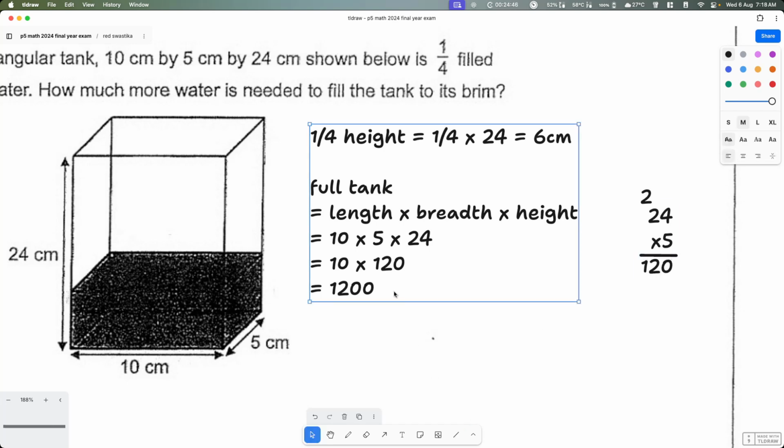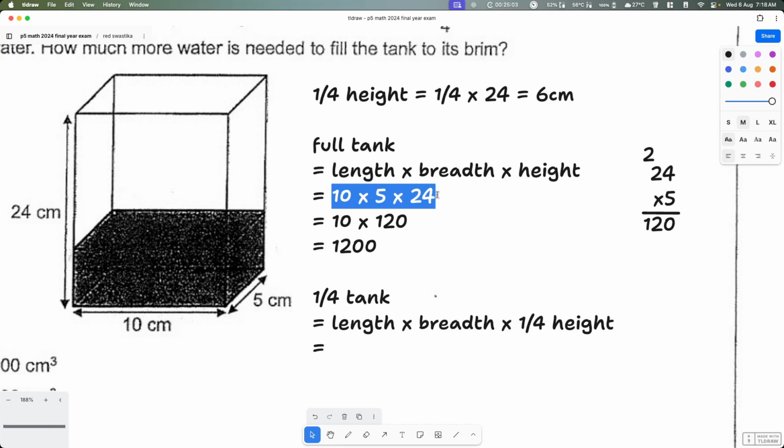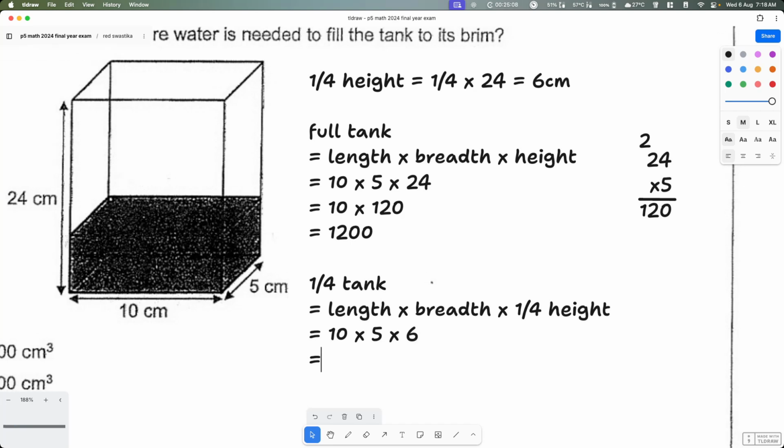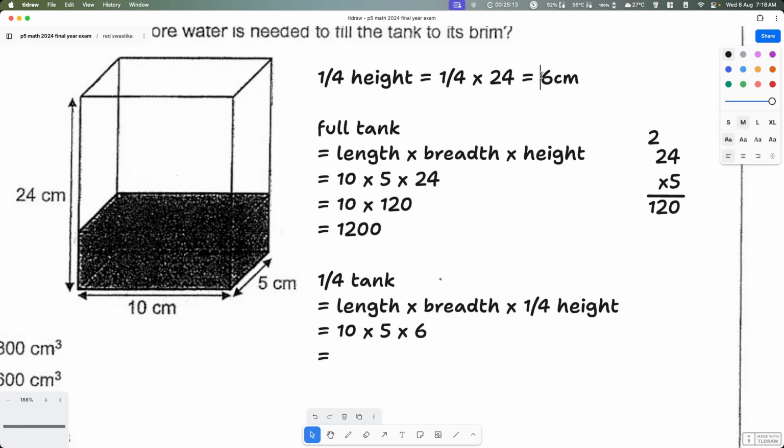All right, so we know the full tank is 1200. Then 1/4 of the tank is basically length and breadth times 1/4 height, which in this case is 10 times 5 times 6. 5 times 6 is 30, and 10 times 30 is equal to 300.